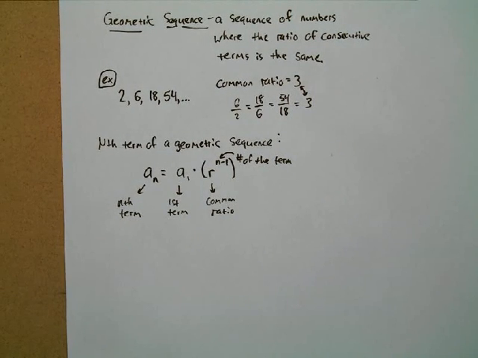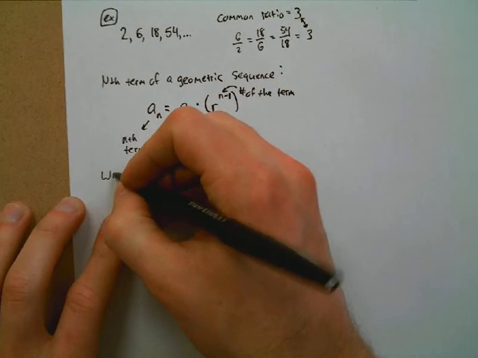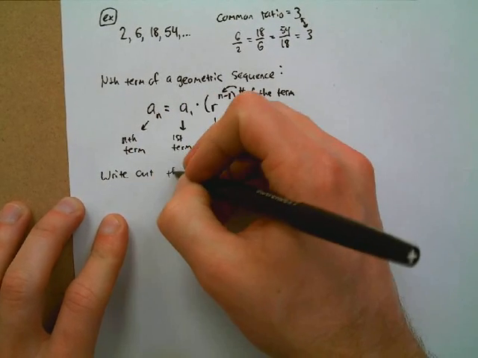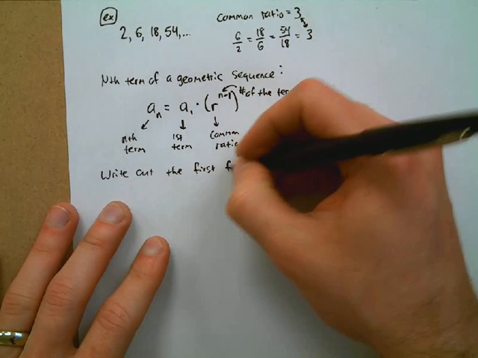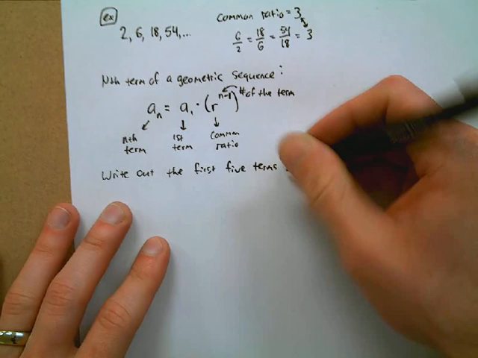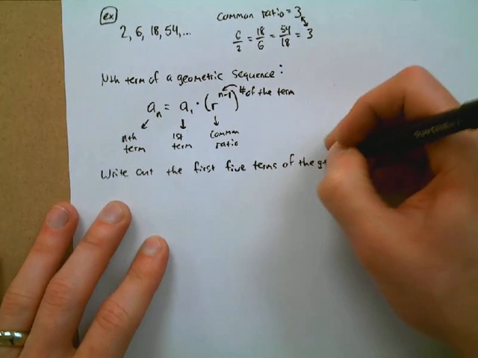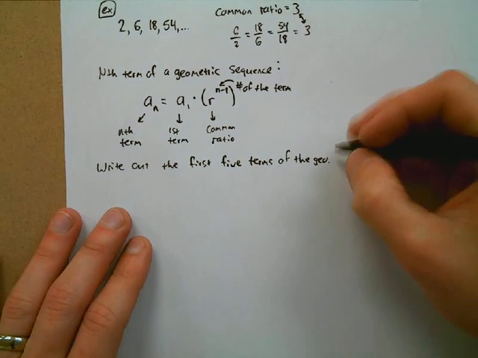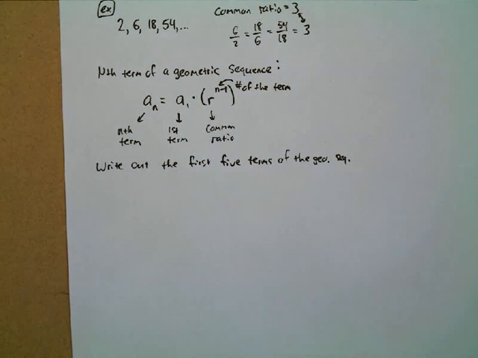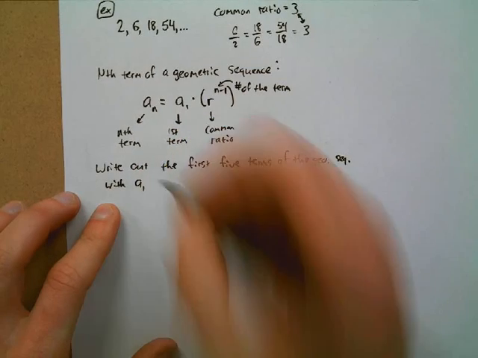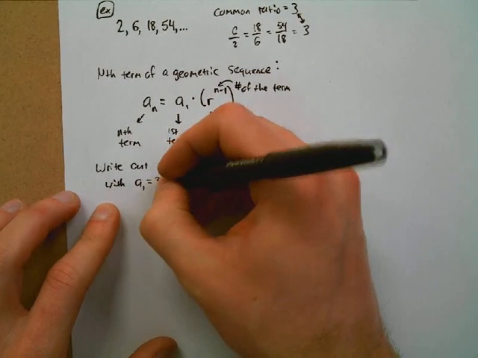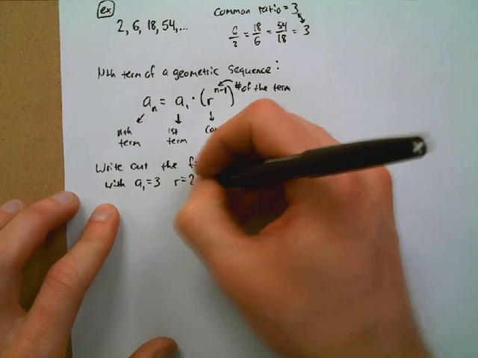So let's write out the first 5 terms of the geometric sequence, I'm going to abbreviate that with geo, with a sub 1 equal to 3 and r equal to 2. a sub 1 is 3 and r equals 2.